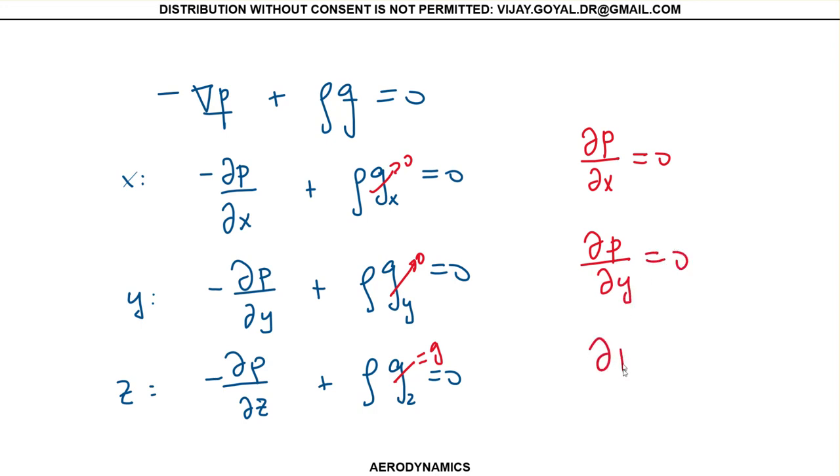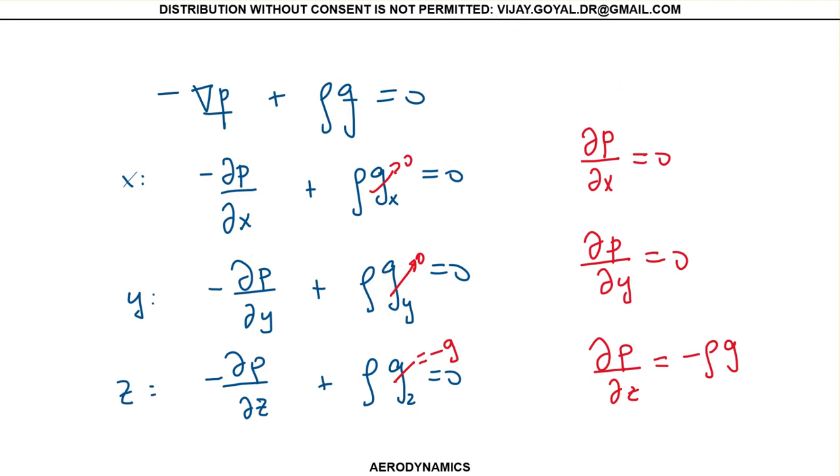And partial of p with respect to z is equal to minus rho g. And I should say it's minus rho g because this is minus g because it goes in the opposite direction.